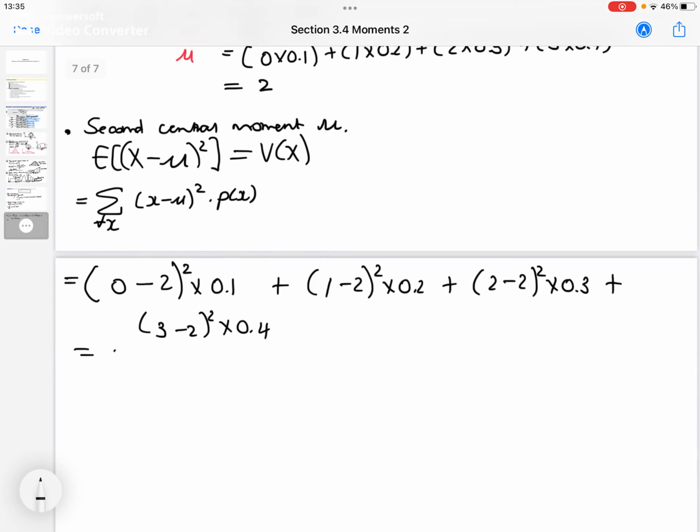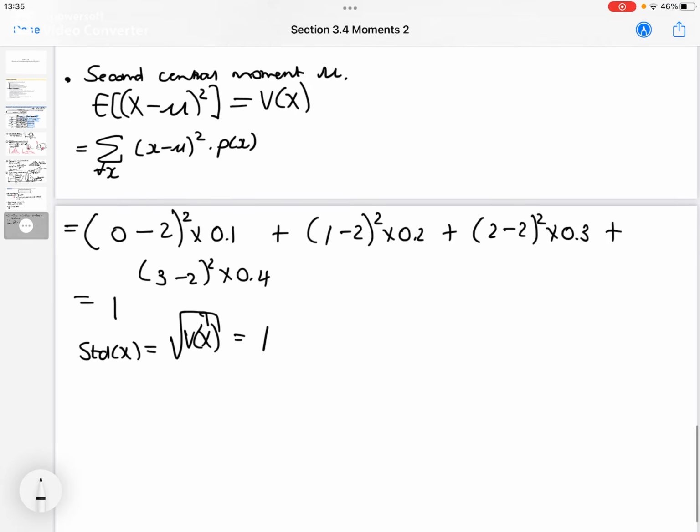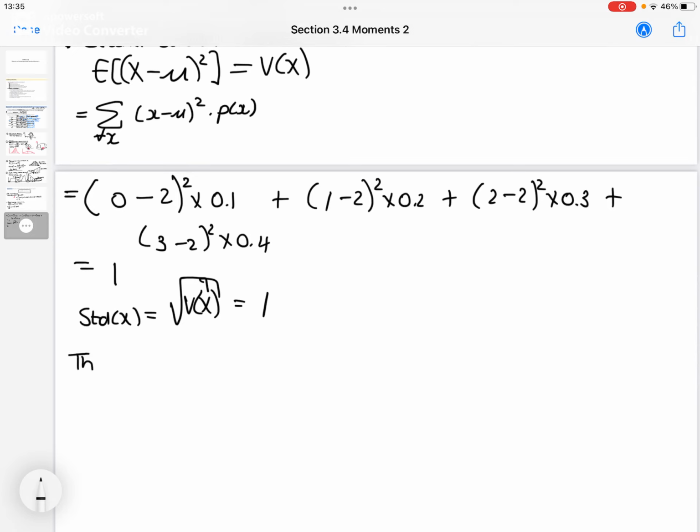And so the variance here is equal to 1. And the standard deviation is equal to the square root of the variance, and that is equal to 1 as well. Now what is the third central moment about mu?